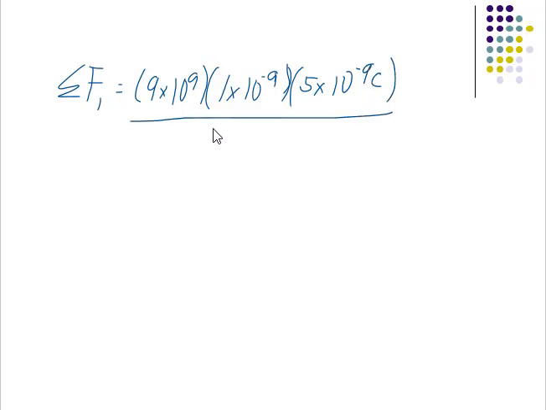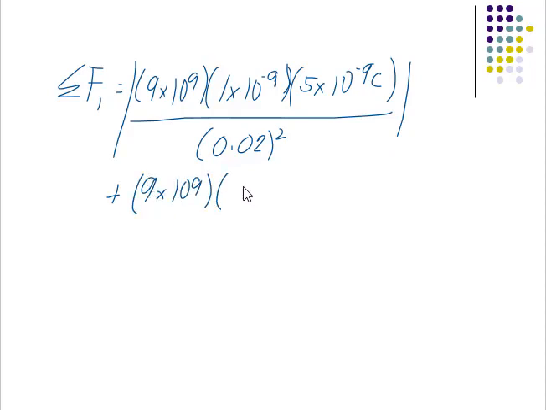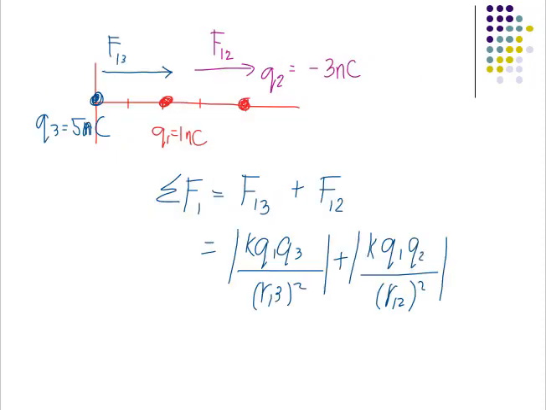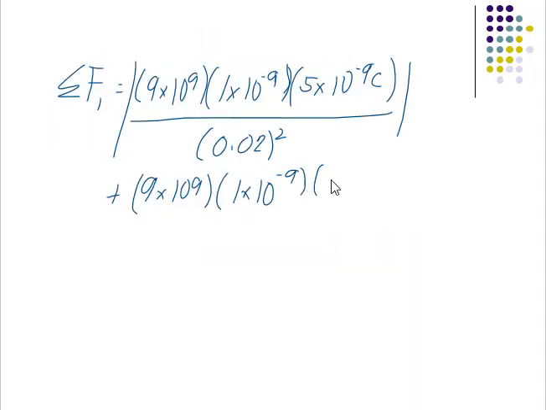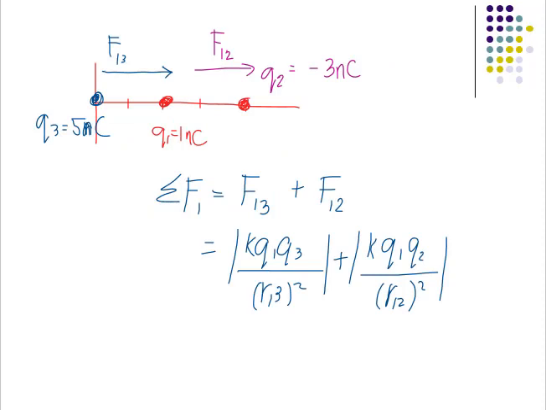Their distance is 0.02 meters squared. You have to get the absolute value of that. And then plus 9 times 10 to the 9 newton meter squared per coulomb squared, then 1 times 10 to the negative 9 for Q1, and for Q2, negative 3 times 10 to the negative 9 coulombs.